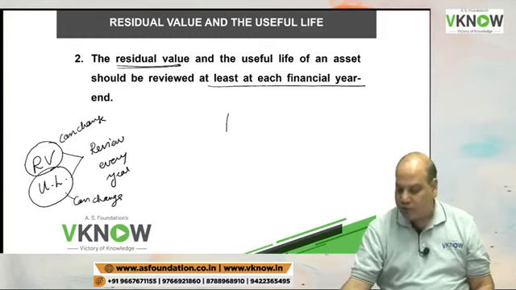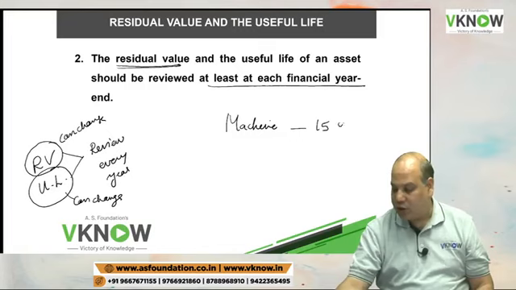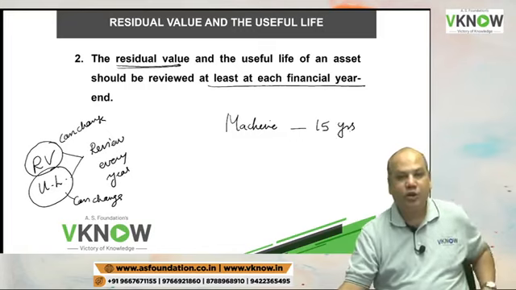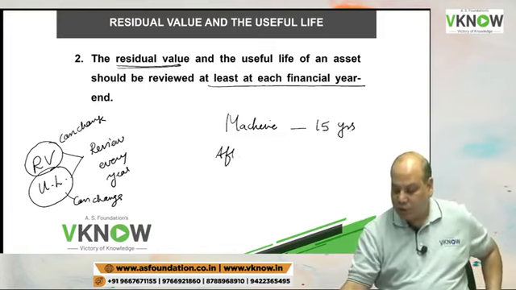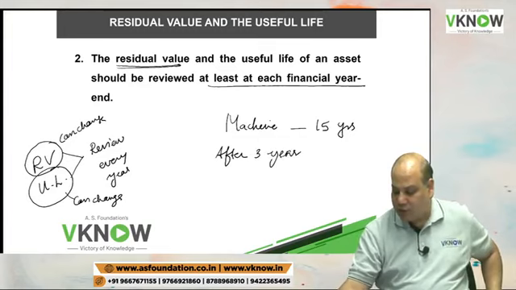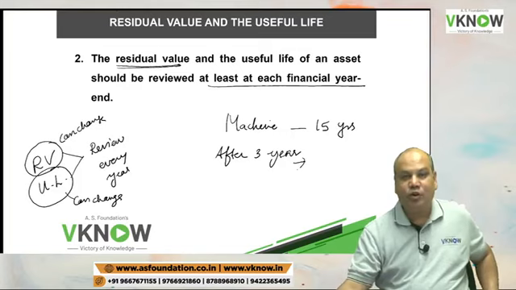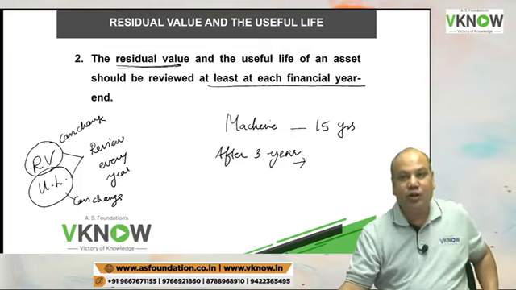So suppose I purchased a machine. Initially, I may have estimated useful life of 15 years, but after 3 years, a better machine is available in the market, and I am thinking of purchasing that other machine.